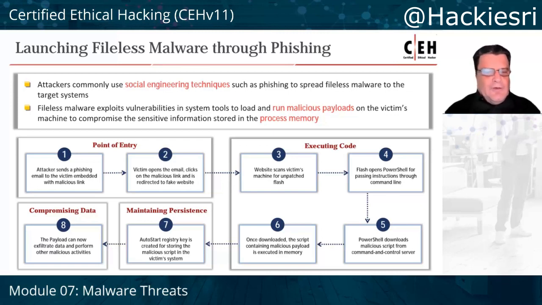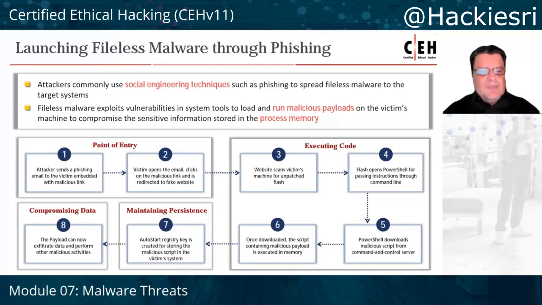Again, we see in the lower left the point of entry, which is where an attacker sends a phishing email to the victim with an embedded malicious link. Again, the attachment used in the phishing attempt is typically crafted to be as enticing as possible or to provoke curiosity.